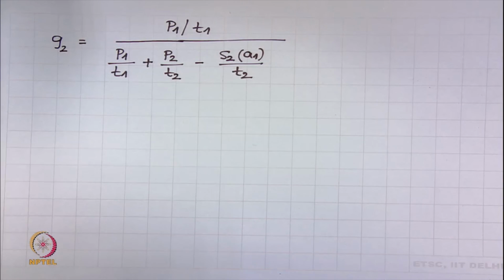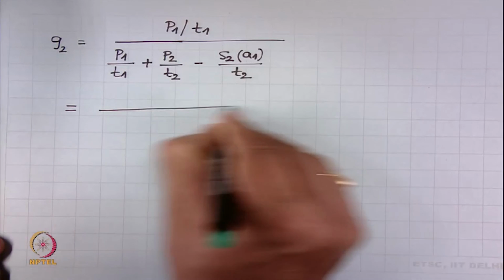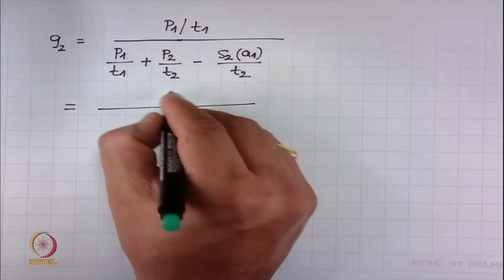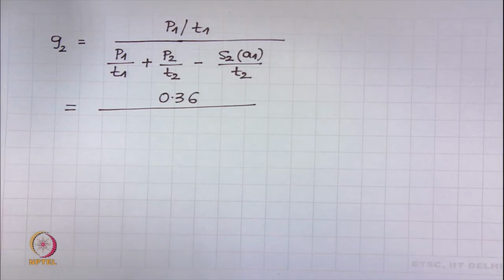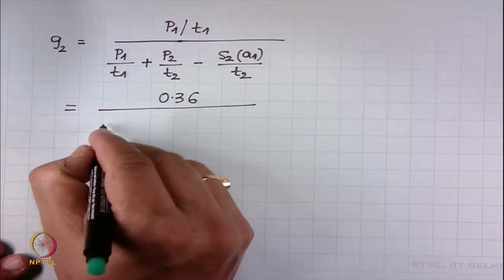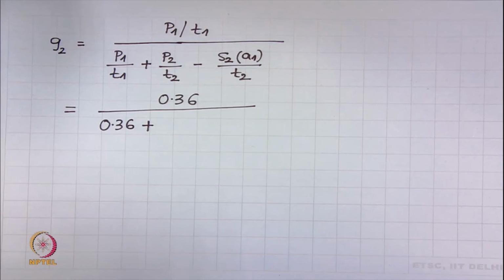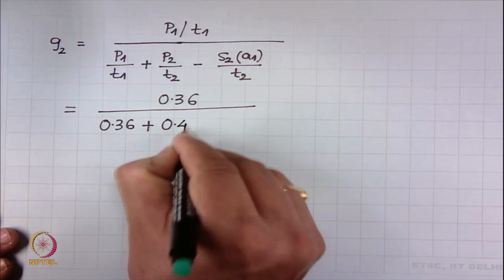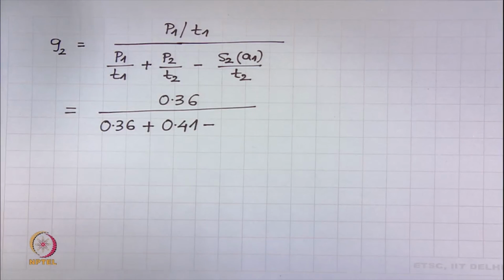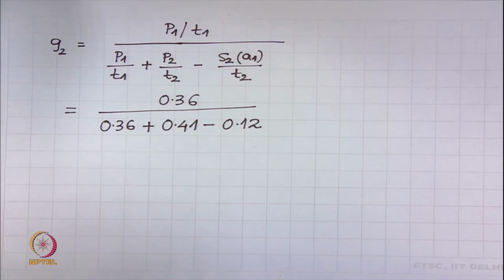These data are given here. P1 by T1 is given as 0.36, plus P2 by T2 is given as 0.41, minus S2 A1 by T2, given as 0.12.